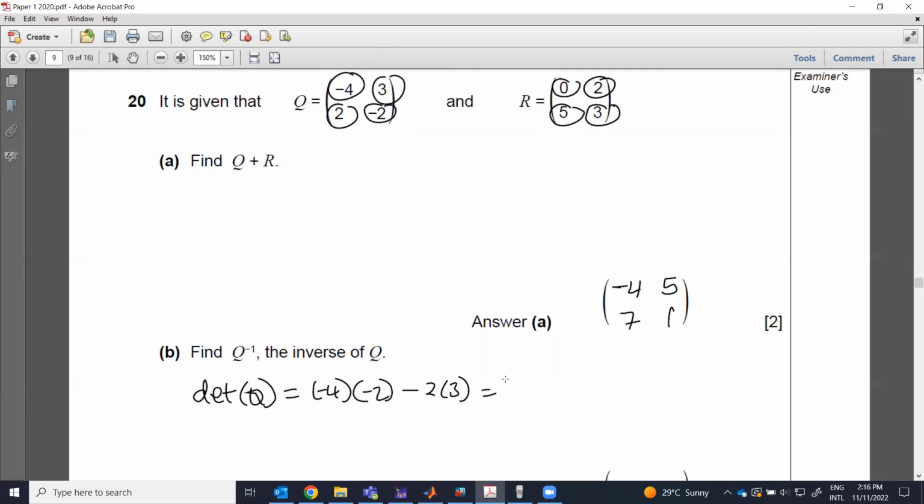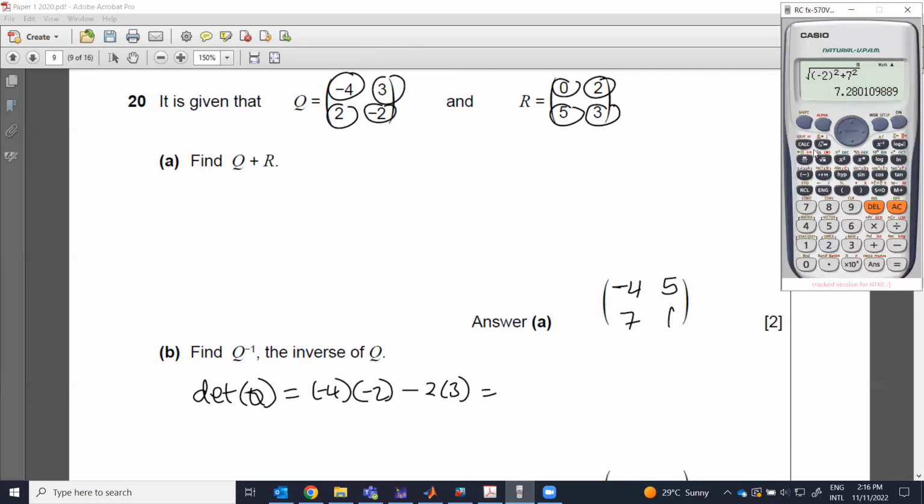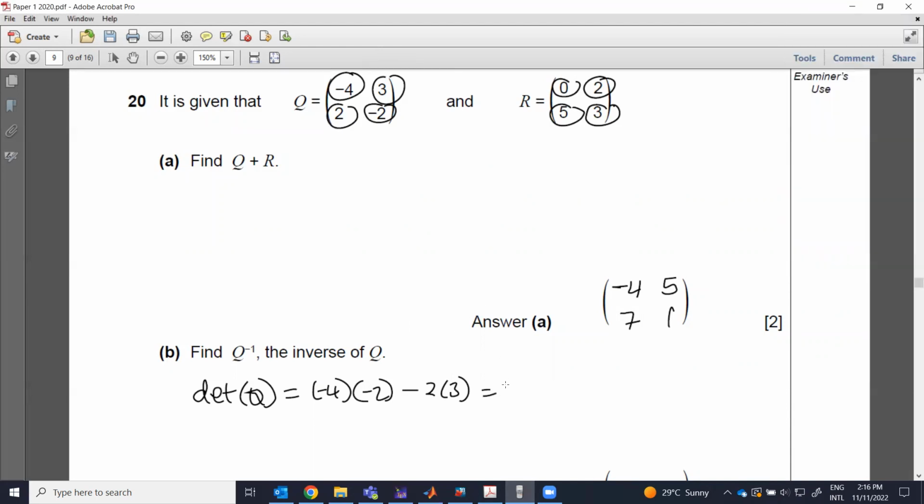So this you work out on your calculator. -4 times -2 minus 2 times 3. This gives us 2. So very important thing to note, if the determinant of a matrix is 0, then it has no inverse. But here it's clearly not 0, it's 2, so the inverse does in fact exist.